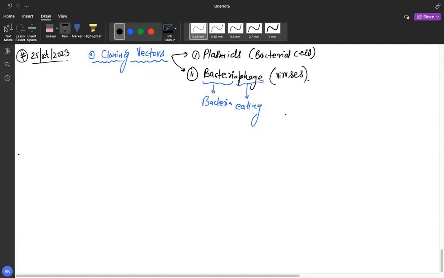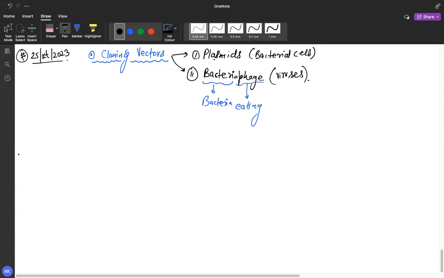Now we can either introduce a plasmid inside a bacterial cell, and that will replicate and make copies, or we can introduce a bacteriophage which is engineered by us, so that we remove all the genes of the bacteriophage from it and insert the genes that we need in it, and then the bacteriophage will do everything else itself.